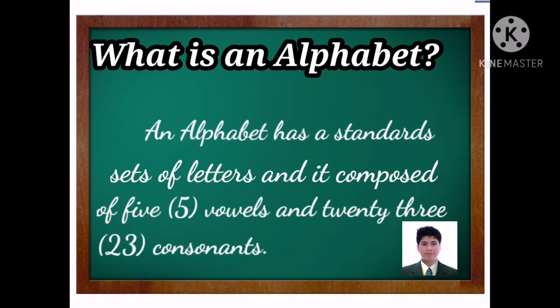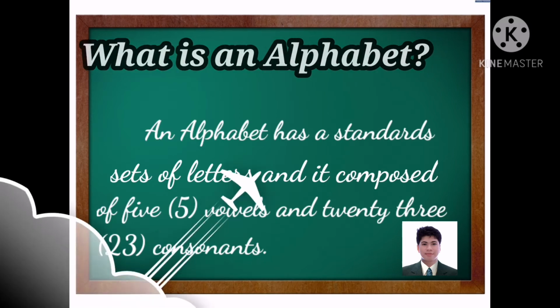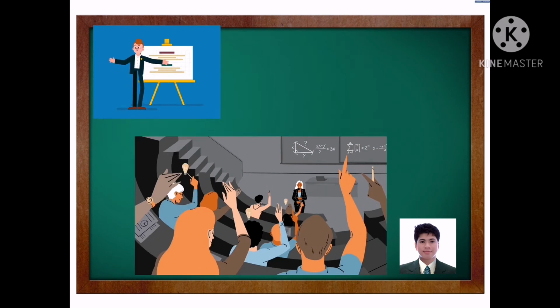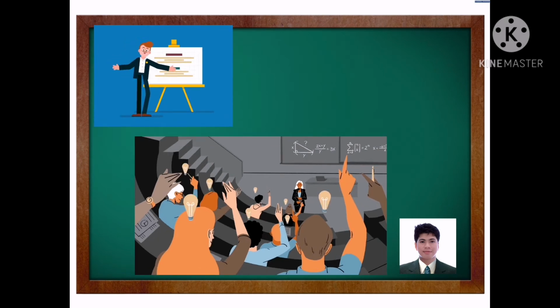Learners, what is an alphabet? According to Google, an alphabet is a standard set of letters. It is composed of 5 vowels and 23 consonants. Today we're going to discuss the 28 letters in the Filipino alphabet.